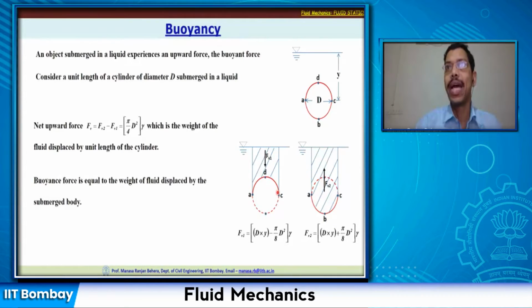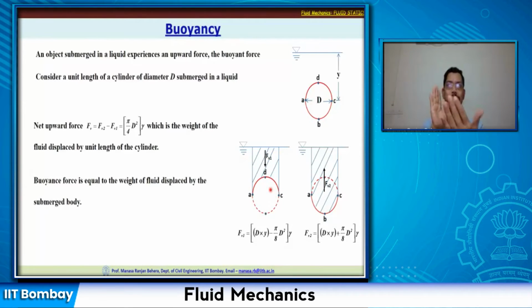Once I get the area, I can multiply that with unit width, perpendicular to the plane of the screen that you see. That is my volume, and if I multiply the unit weight by that volume, I'll get the weight of that liquid. Because I am considering a cylinder, I'm taking the unit length of the cylinder.